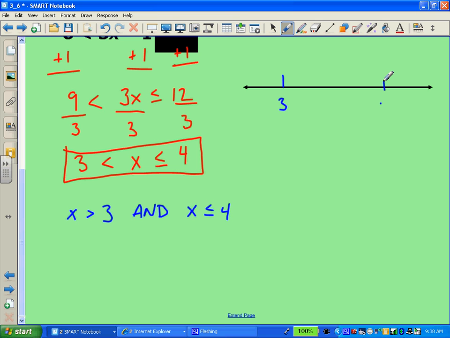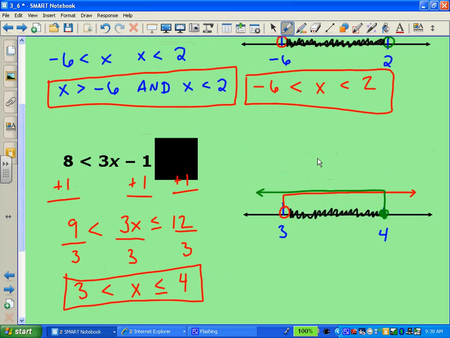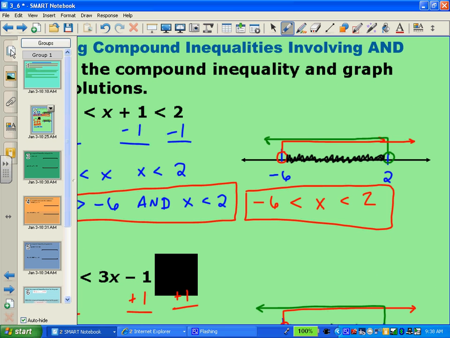So if I put 3 and 4 on my number line, x greater than 3, so it's an open circle to the right, x less than or equal to 4, that's a closed circle to the left. Notice again, they overlap in the middle, so I'm going to shade that in. Those are my solutions. Everything between 3 and 4. Alright?